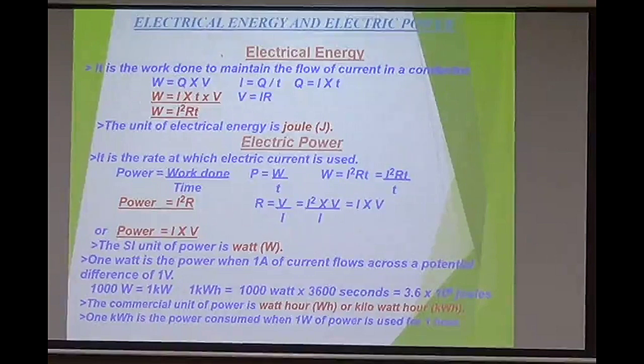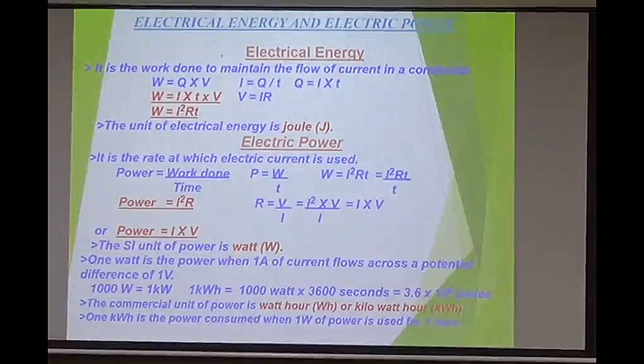Now once we define electrical energy, for any electrical device, we need to define electric power. And the power will be the rate at which electrical energy is consumed or electrical current is used. So power will be work done upon time.